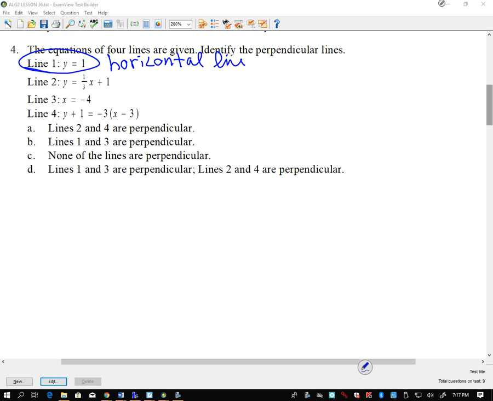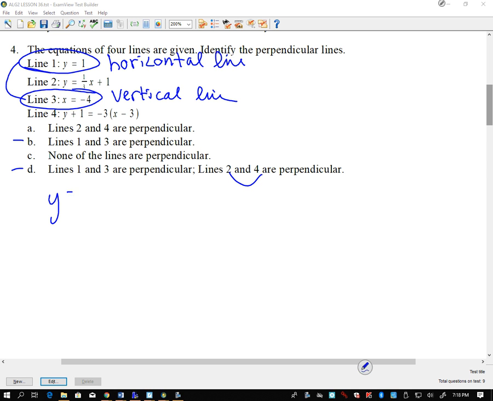And the only kind of line that is perpendicular with it is a vertical line. And you might notice that x equals negative 4 is vertical. Okay, so right off the bat, I know that lines 1 and 3 are perpendicular, but before I just say B is my answer, notice that D also allows for 2 and 4. So I need to look at this real closely.